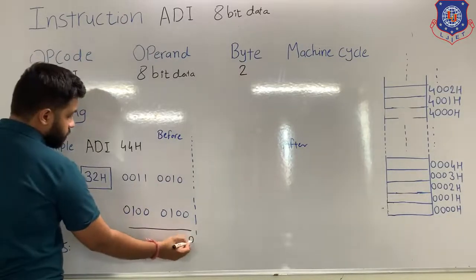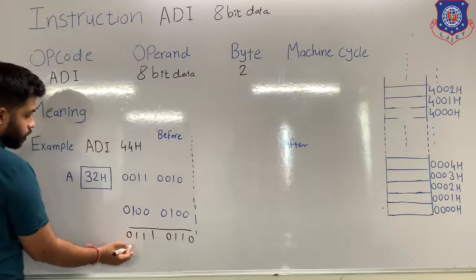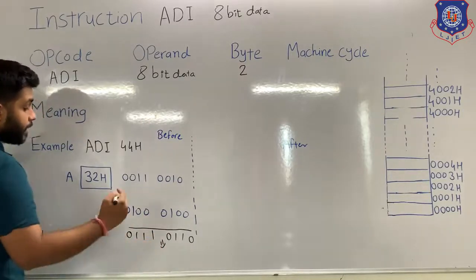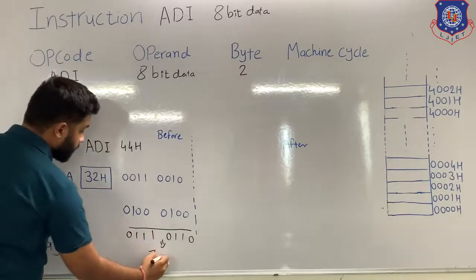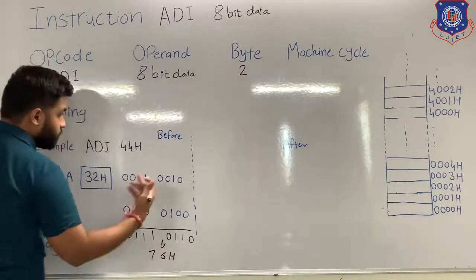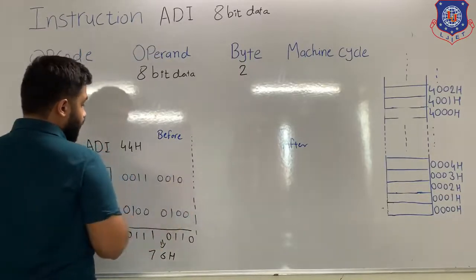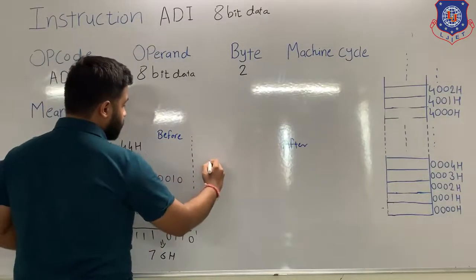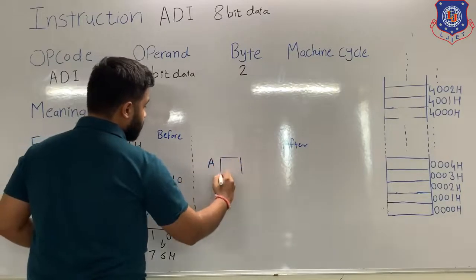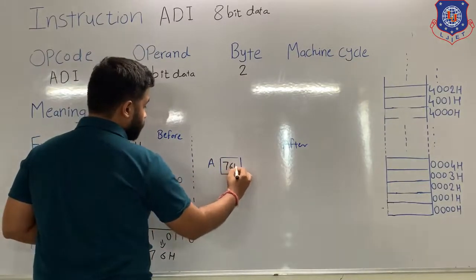Let's add this number, 0 1 1 0 1 1 1 0. If you convert this number into hexadecimal, you will get 76H. So after the execution, 76H will be stored in the accumulator.